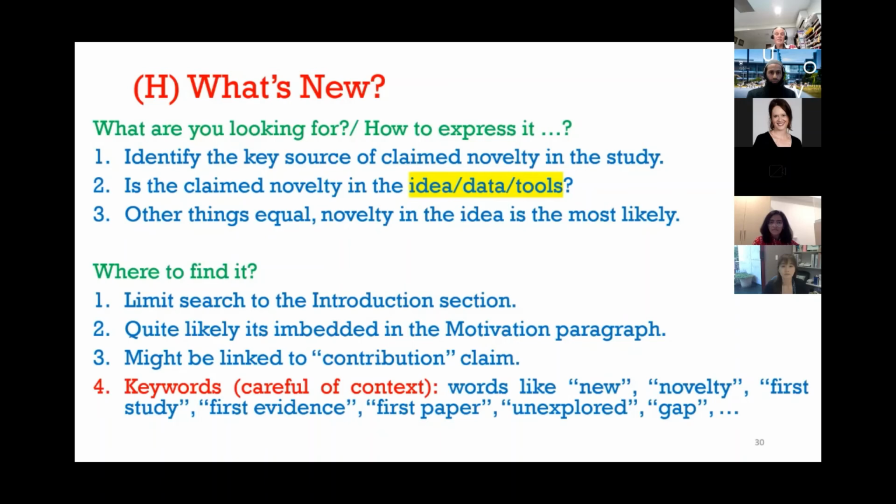Remember earlier I said it could be the very opening paragraph. So within that paragraph, it may well tell us the newness and novelty. And it might also be linked to the contribution claim by the authors. Again, that should be in the introduction. So keywords are, I guess, pretty self-evident: new, novelty, first study, first evidence, though the context you need to be careful about, of course.